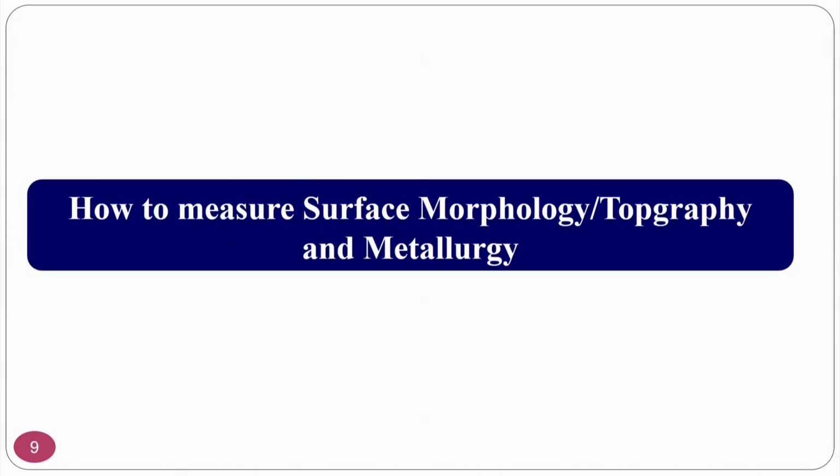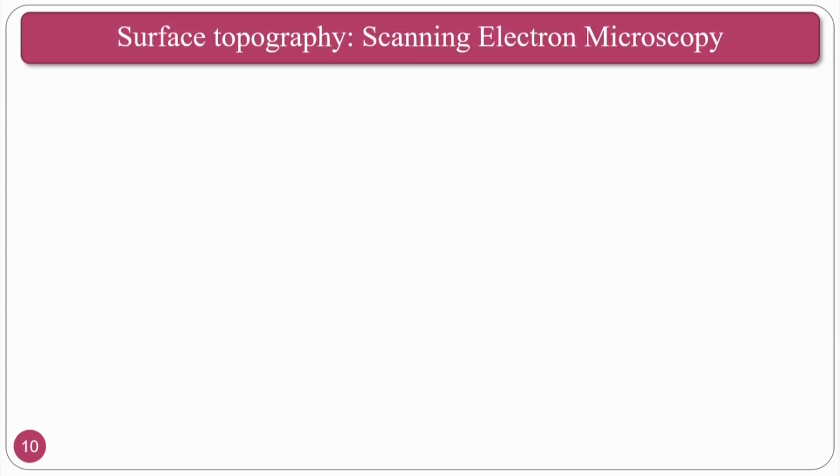Now, I was talking about what is surface morphology, many times what is surface topography, what is surface metallurgy and all those things. In a metal cutting operation, you may be a PhD student, so you are well acquainted with the machining process, but the quality of the product that you got, you have to always characterize. For that purpose, I will give you some introduction about how to check the surface morphology.